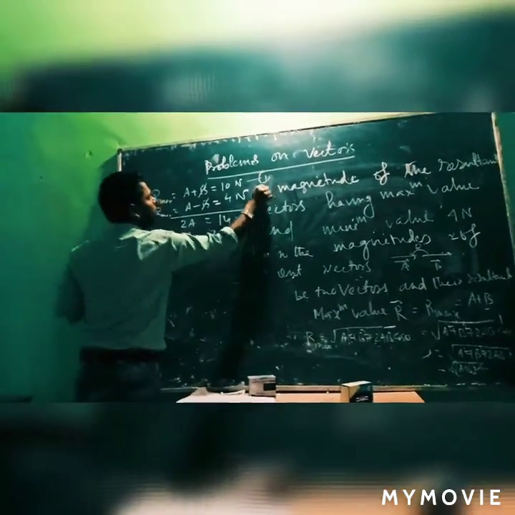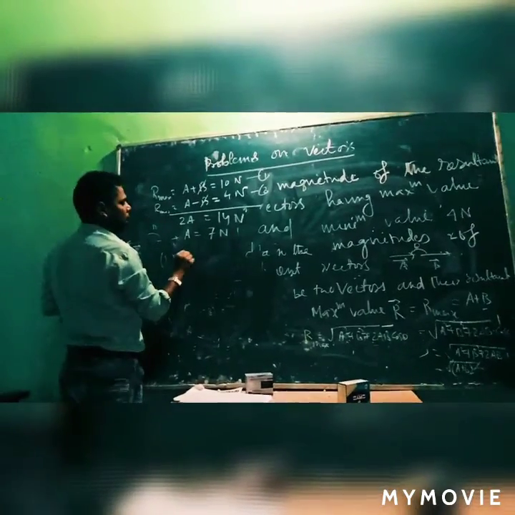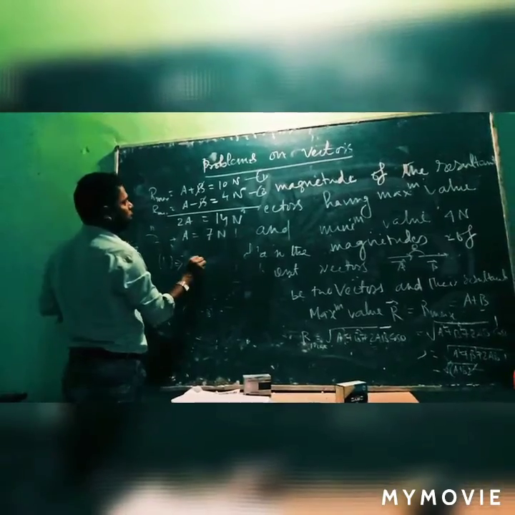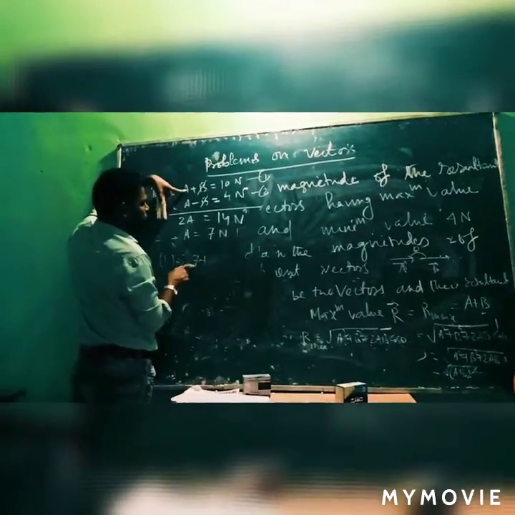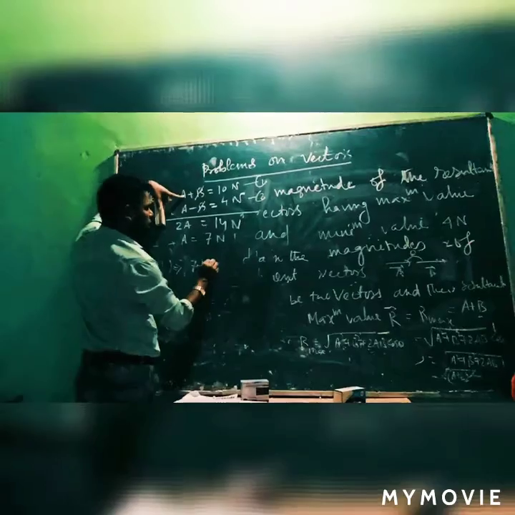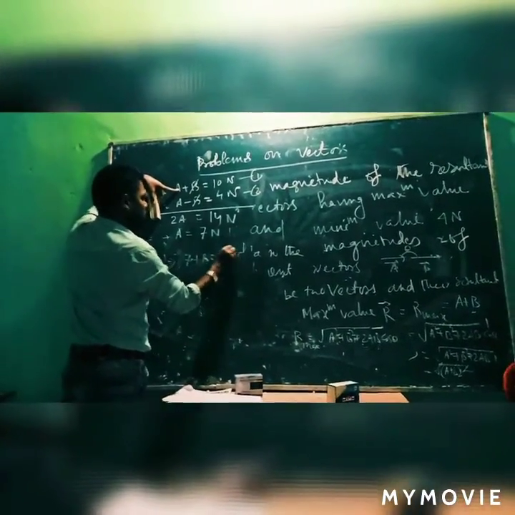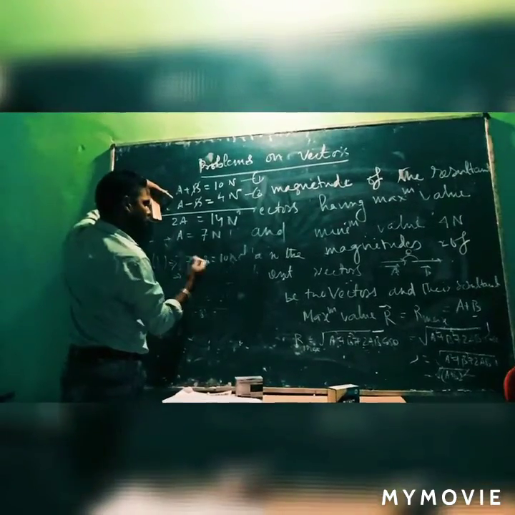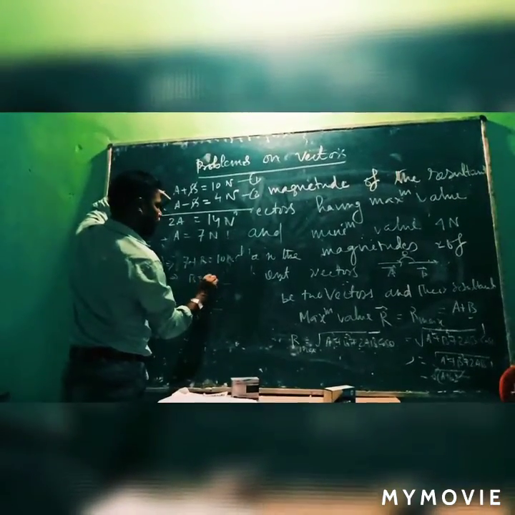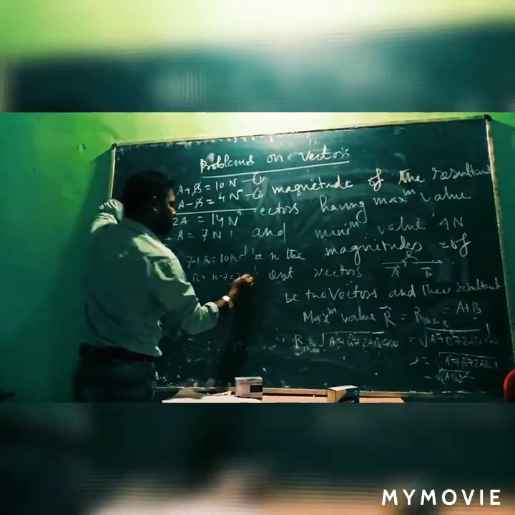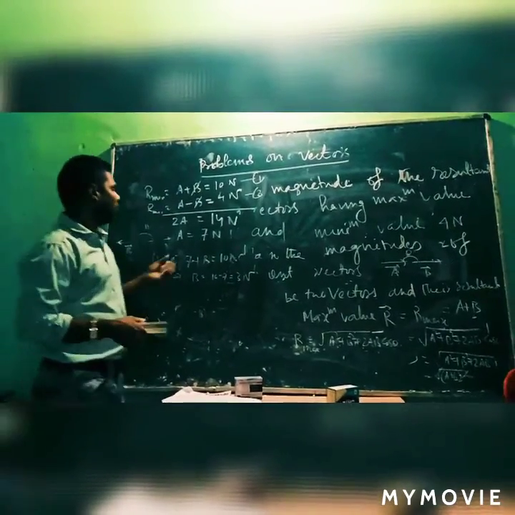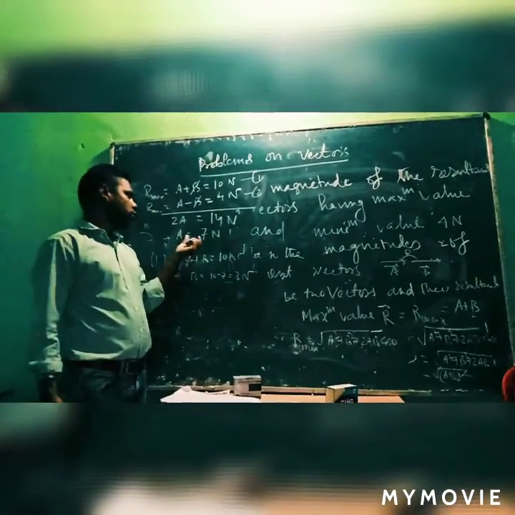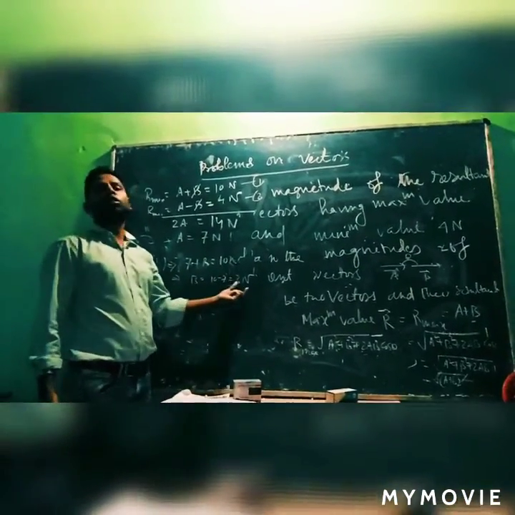Putting 7 in place of A, 7 plus B equals 10 Newton. So B equals 10 minus 7, that becomes 3 Newton. So we have got the values of the component vectors, A to be 7 Newton and B to be 3 Newton.